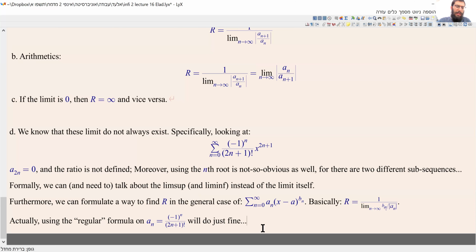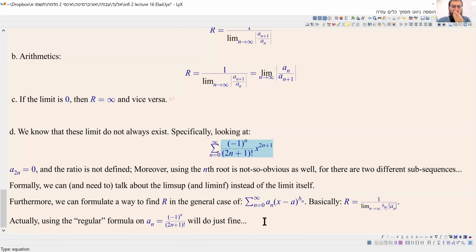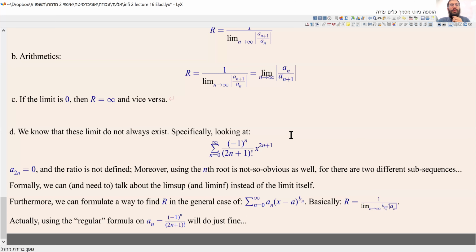In the bottom line, yes. I don't want to promise it because mathematically, again, there are problems, but I'll do my best, when I ask you questions in the final exam, the regular formulas for R should be just fine.